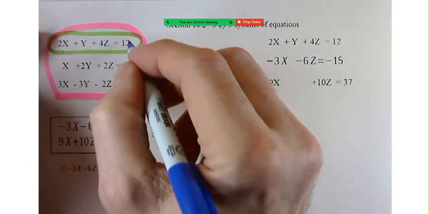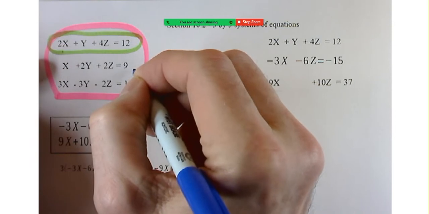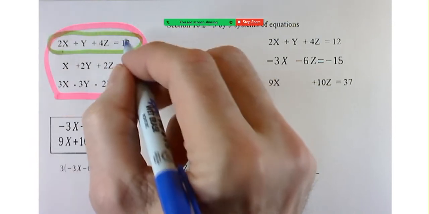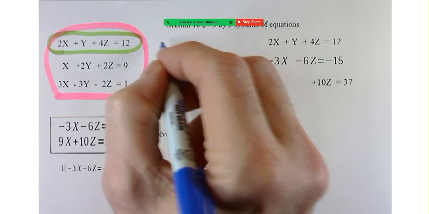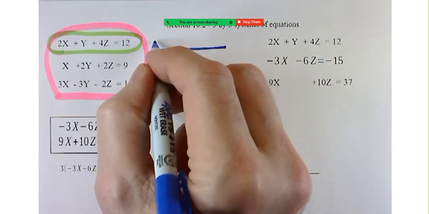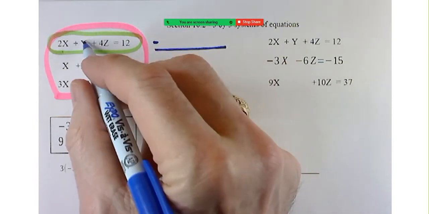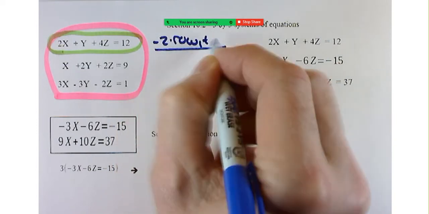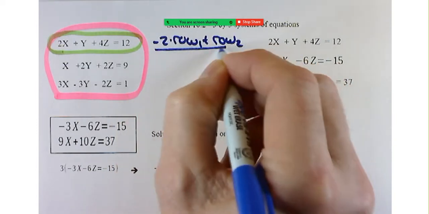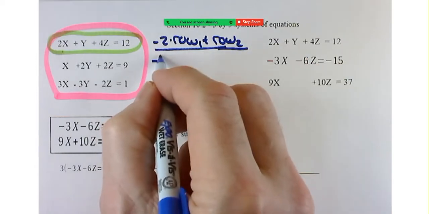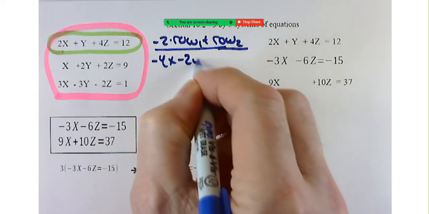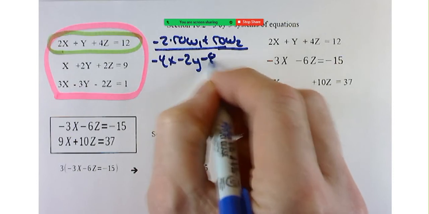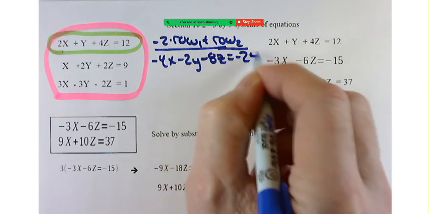So to get rid of the y down here, what would I multiply this by? Well, I could do -2 times row 1, added to row 2. And that would look like -4x minus 2y minus 8z equals -24.